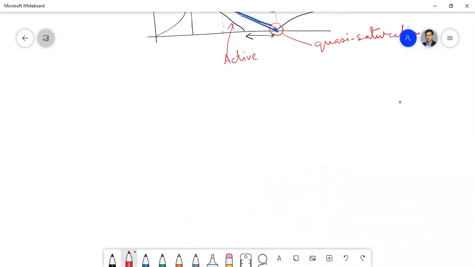Now the next point is safe operating area, that I already mentioned but didn't discuss. Safe operating area, SOA.